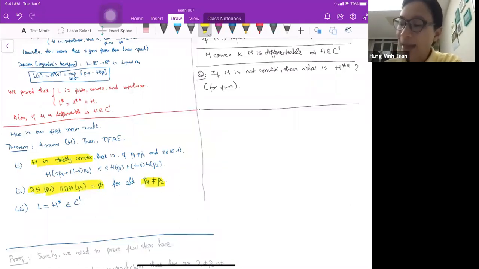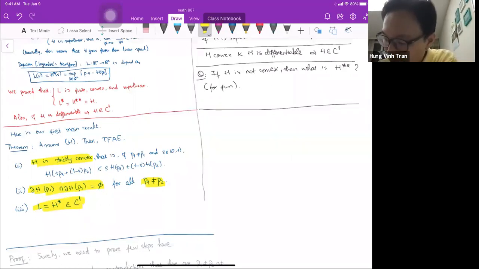And what is really surprising is that this is equivalent to the fact that the Lagrangian is C1. So strict convexity of the function implies the Legendre transform is C1. This is quite surprising, right? At least it's not clear if we just look at the definition.